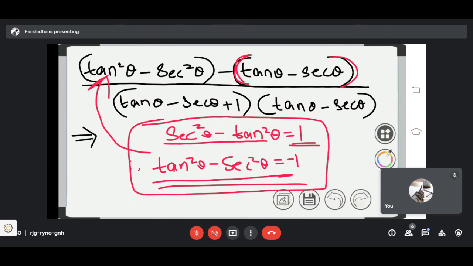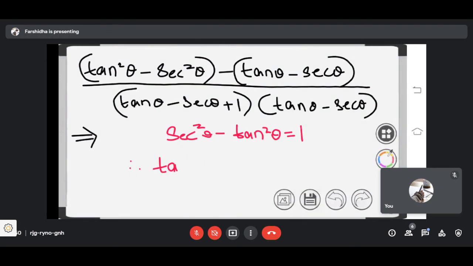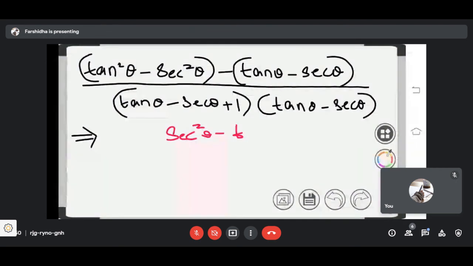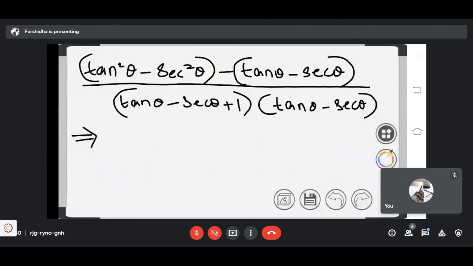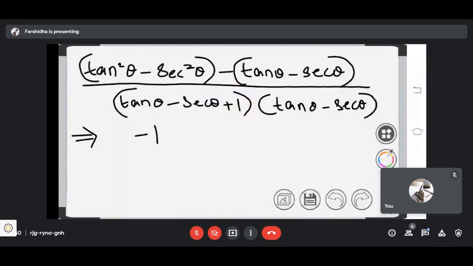Okay, I'm going to replace it. Minus 1. This got replaced to minus 1. Then I'm removing the bracket.